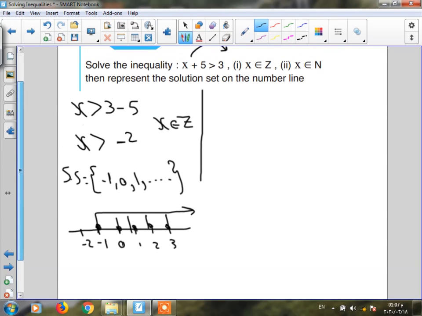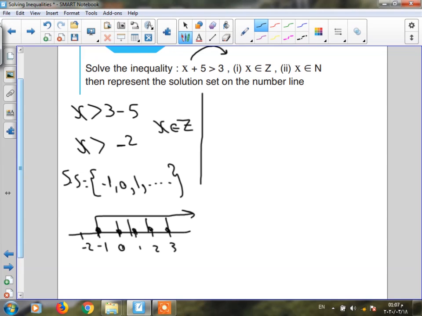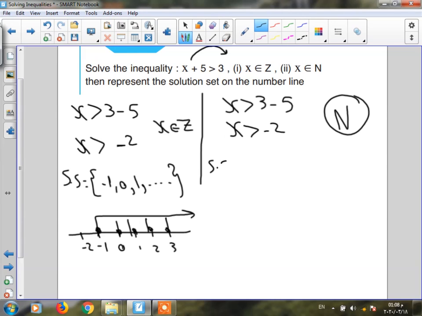If I want to get it in natural numbers, x more than 3 minus 5, x more than negative 2. Okay, what are the numbers in natural? Natural numbers more than negative 2. So the solution set will be 0, 1, 2, and so on.